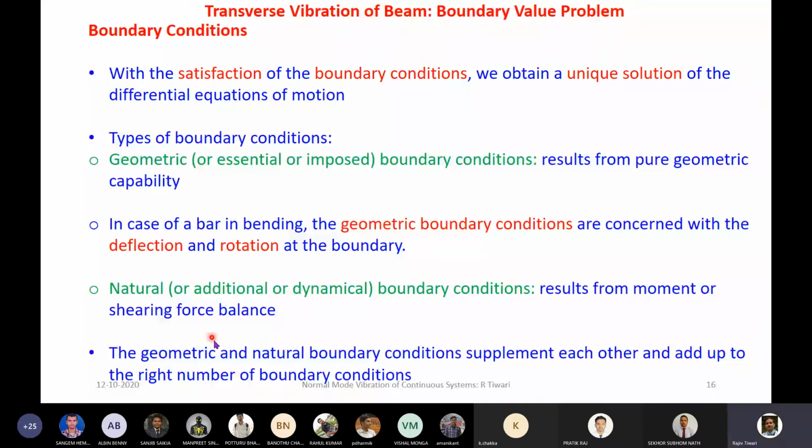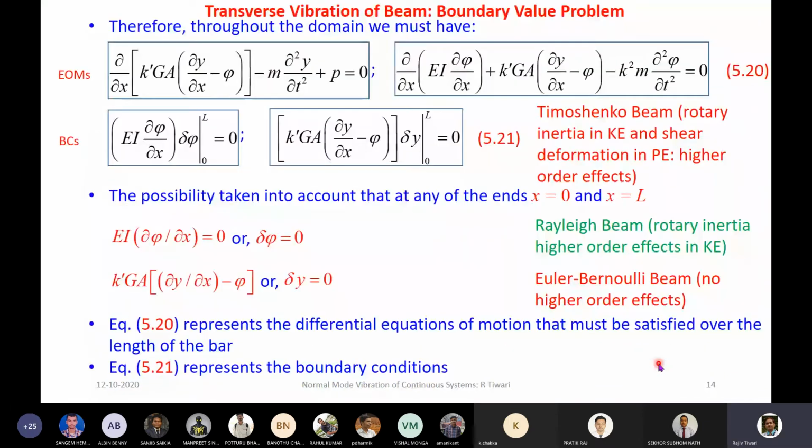And these two boundary conditions supplement each other. Here we'll find that in this particular case we have 4 boundary conditions. The number of boundary conditions we'll see once we simplify this. So basically we should have the 4 boundary conditions here.